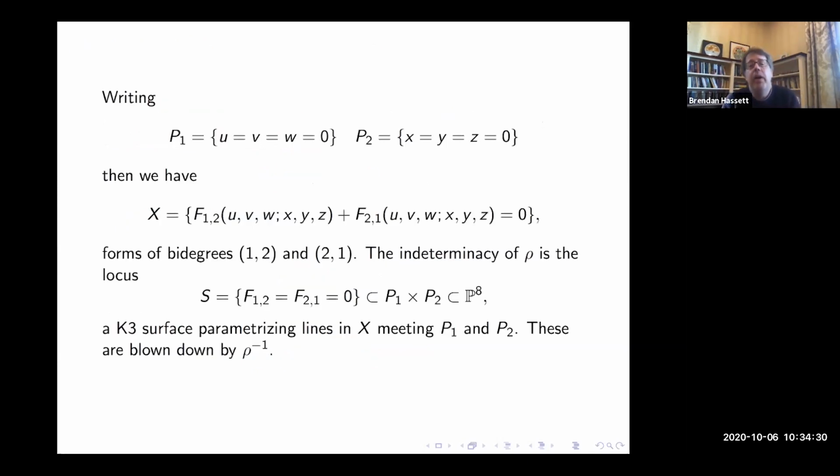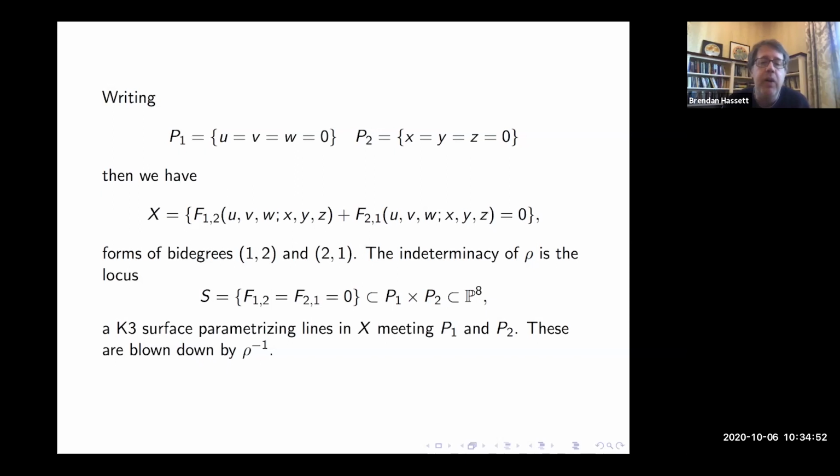And so I wanted to write down a little bit more detail than I probably should here about exactly what shape this takes in terms of equations. I basically just take the linear forms defining P1 and P2, and I organize the defining equation of X in terms of those variables.